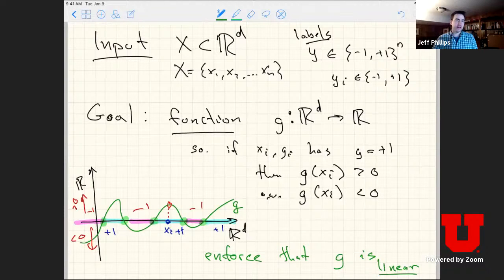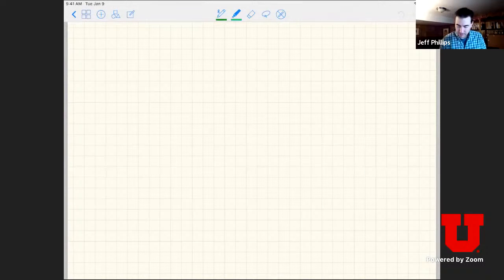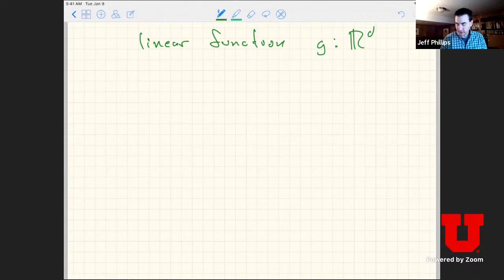So what is a linear classifier? I want to find this function g, and I want this function to be linear. So remember, we're going to have a linear function g from R^d to R. That means we're going to have a function of x. Now x is an element of R^d.